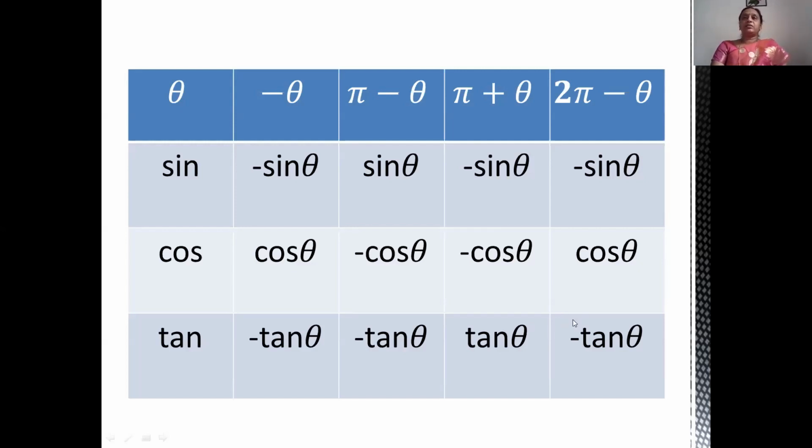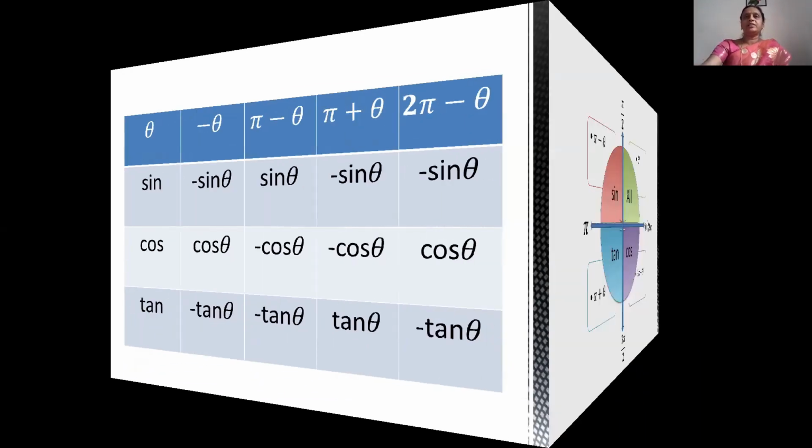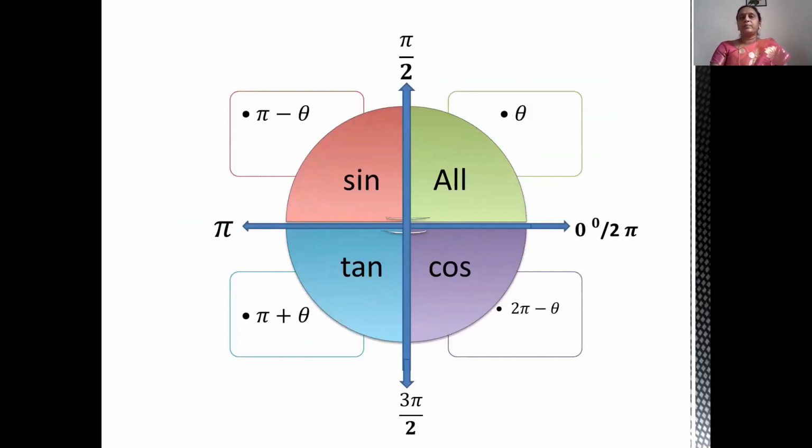There is another shortcut to remember this table. Either you directly remember this table, or you use the shortcut. Go to our previous diagram: All, Silver, Tea, Cups. Here the angle is theta, meaning up to 0 to 90 degrees. If the angle is above 90 degrees and less than 180, you write pi minus theta here, pi plus theta here, and in this quadrant 2 pi minus theta.